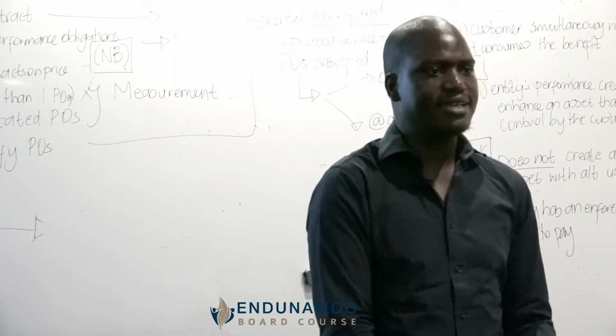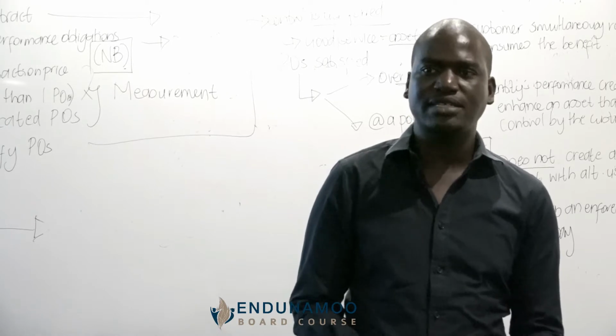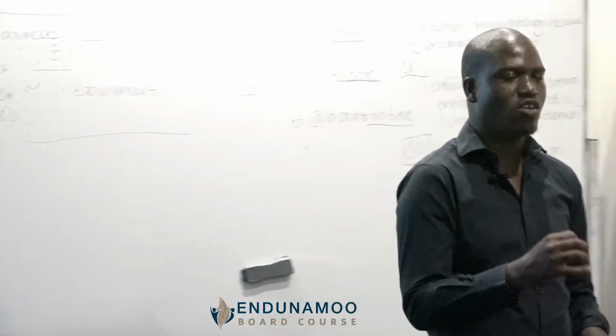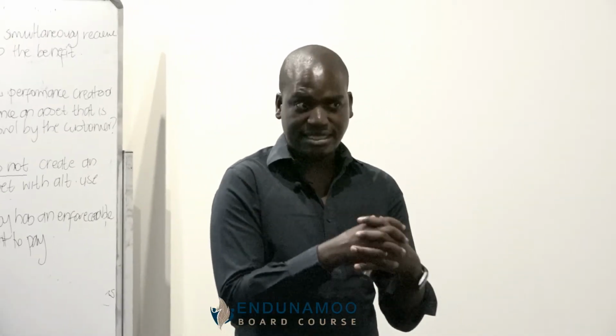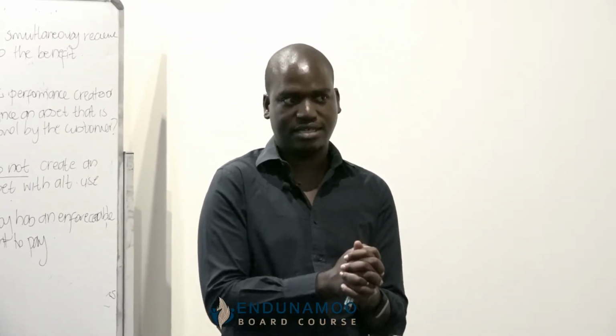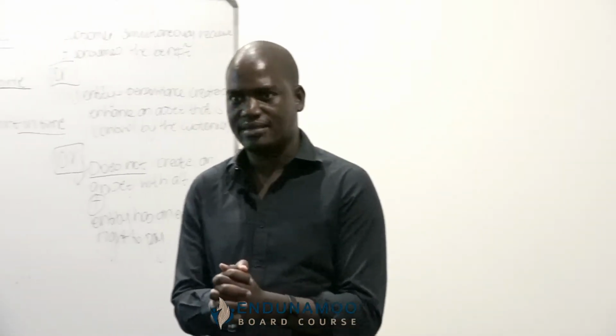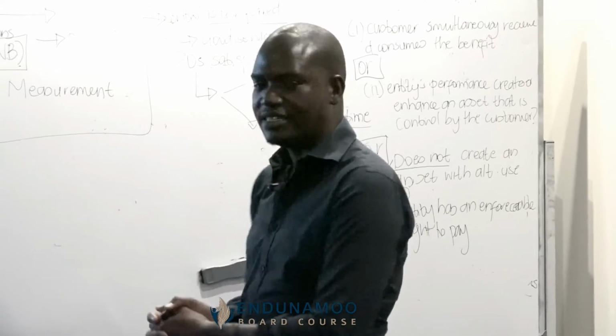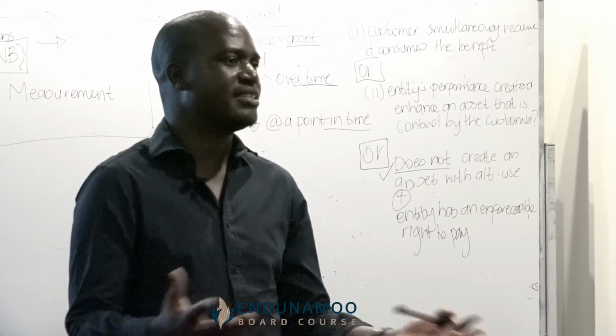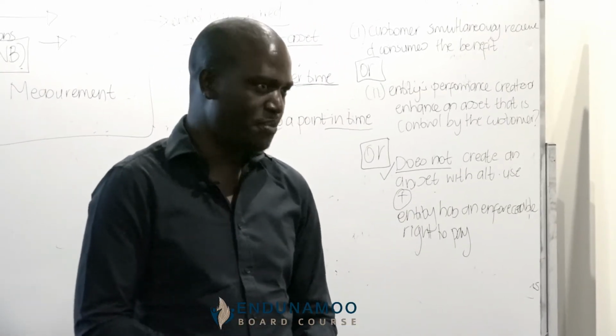In other words, the enforceable right to payment does not talk to the recovery of cost altogether. If you are able to just recover your cost under a contract, what they are saying is you do not have an enforceable right to payment. So what does the standard say is an enforceable right to payment?